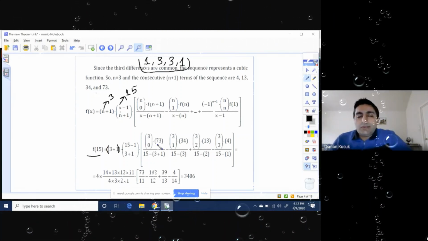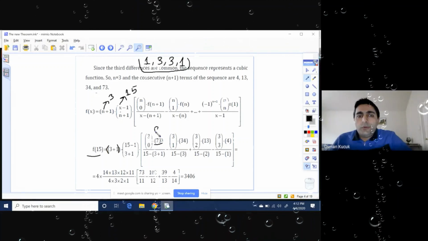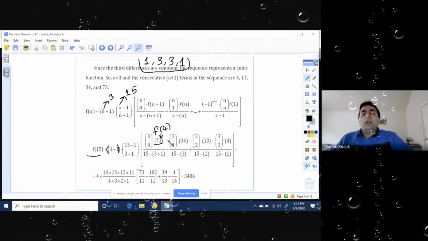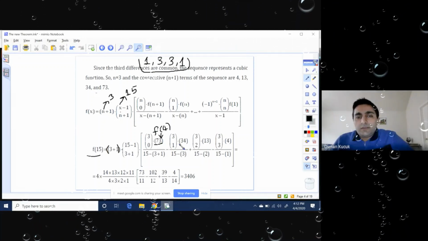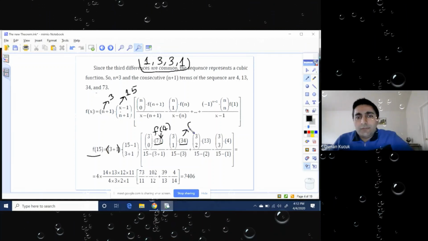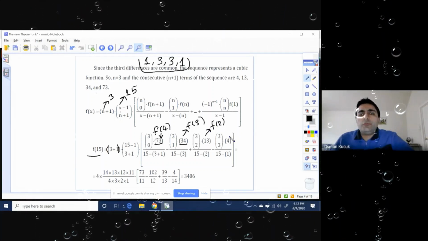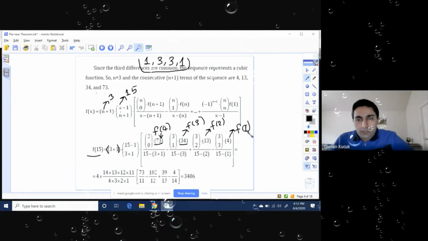Multiply 3 combinations of 0 by f of 4, which is 73. And multiply 3 combinations of 1 by 34, that is f of 3. 13 is f of 2, and 4 is f of 1.